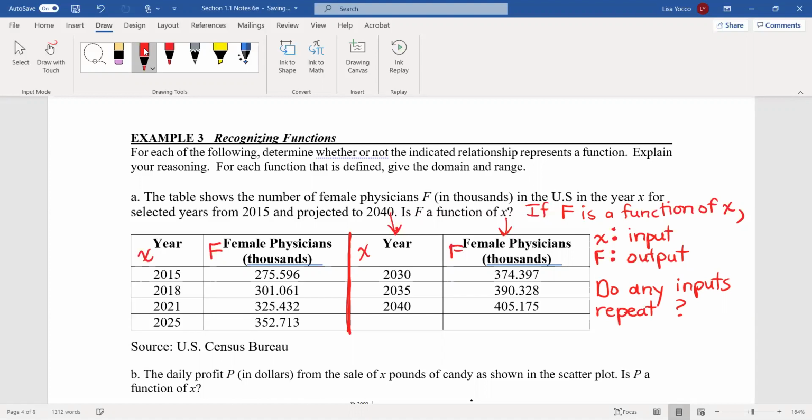Do any of the years repeat? No, we got 2015, 2018, and so on. So if the answer is no, what does that tell us? The fact that no inputs repeat means F is a function of X.